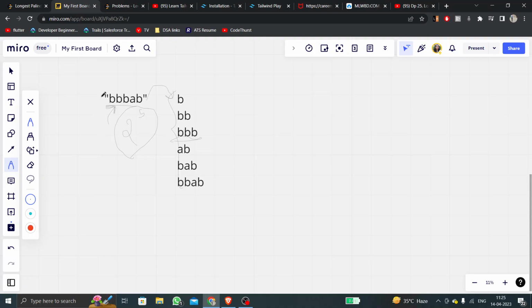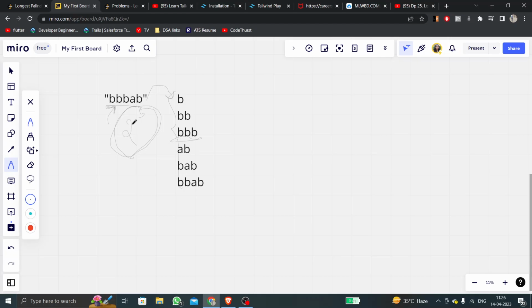A naive solution could be, let's make all these 2 raised to power 5 subsequences. For all those subsequences, let's check if they are palindrome or not. If they are palindrome, we'll store the length in a variable. And if a palindrome with higher length comes, we'll replace it with the bigger length.